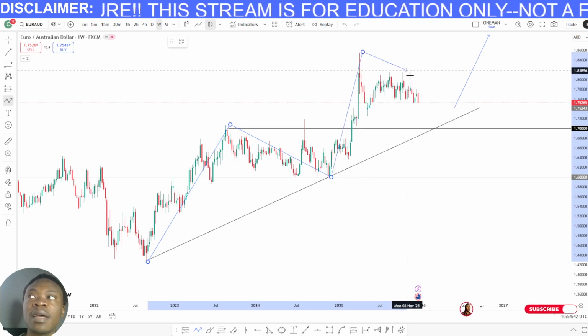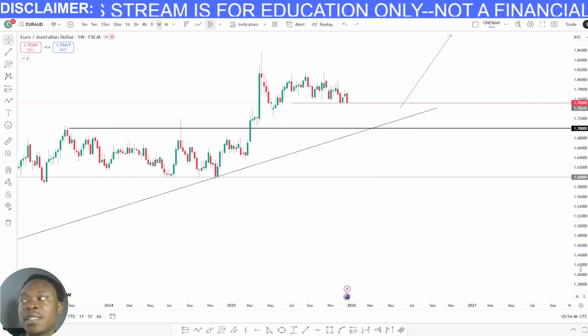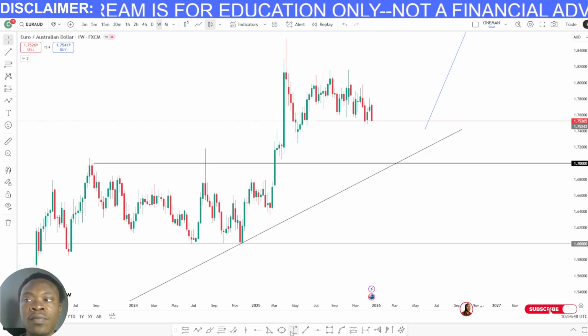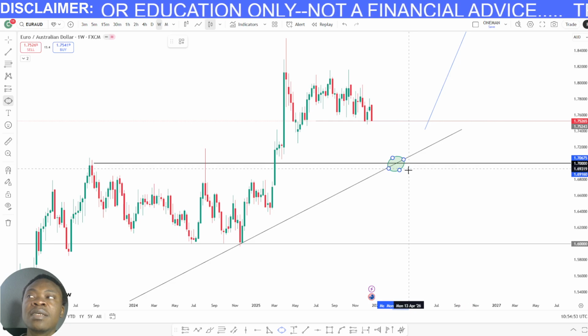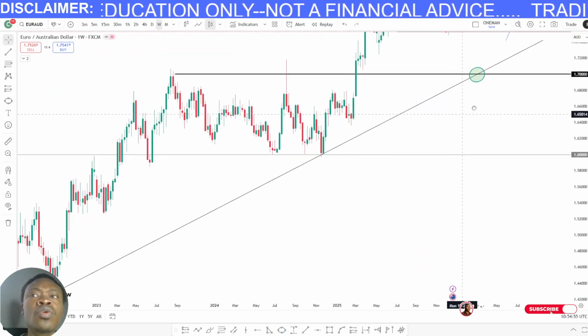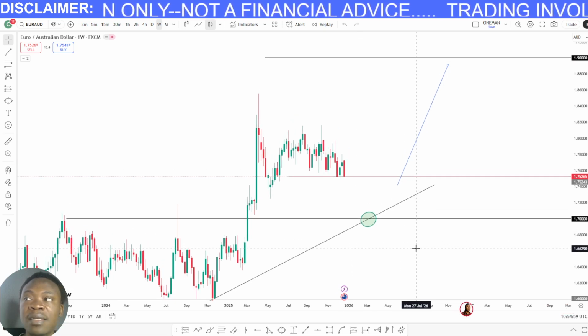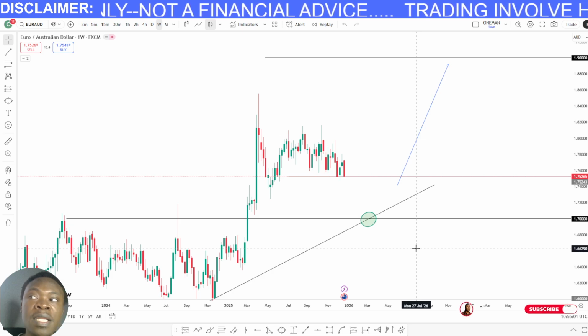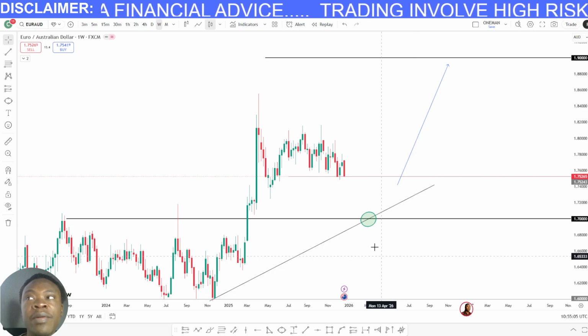And we have that trend line confluence with a psychological support level of 1.7. So this is a very solid price that will lead towards a key continuation in the buy direction.